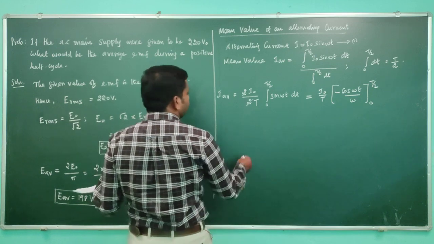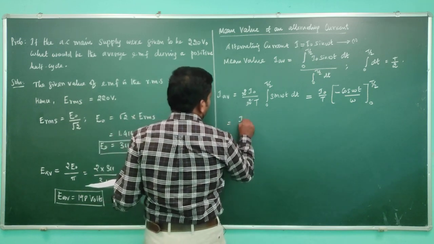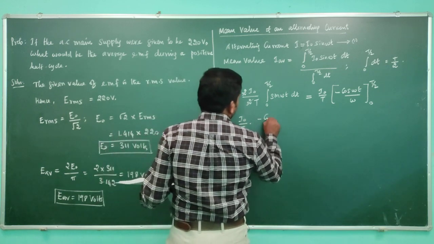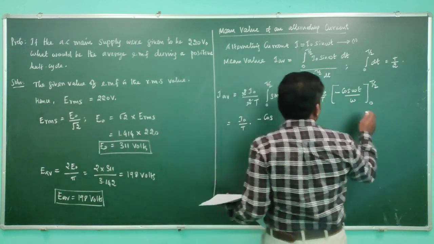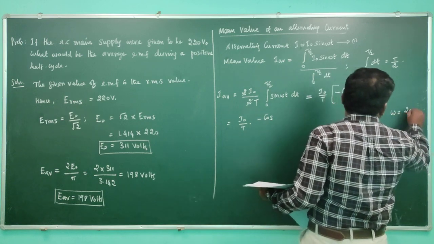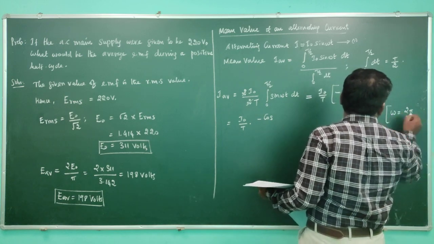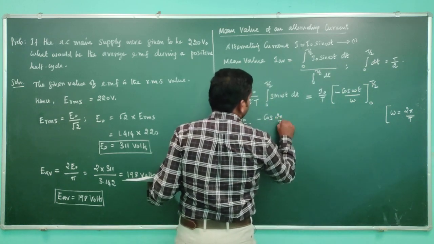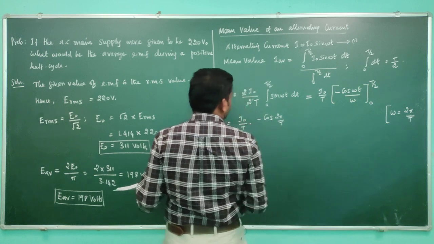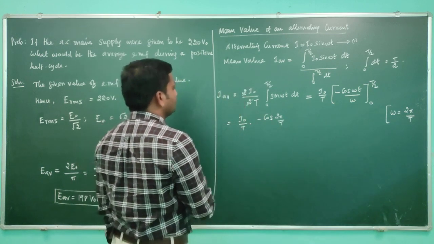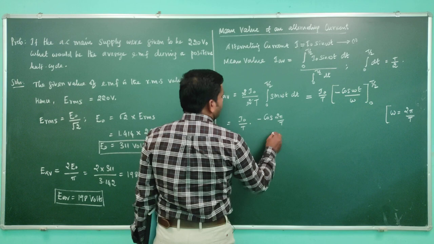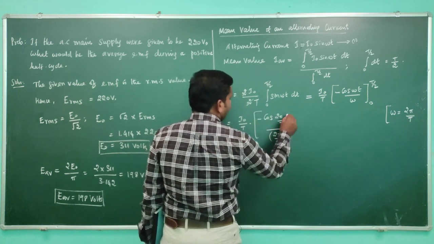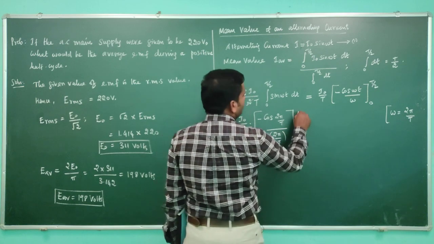Now this is equal to I naught by T multiplied by minus cos. Let us substitute 2 pi by T in the place of omega. So cos 2 pi by T divided by omega, that becomes divided by 2 pi by T, from 0 to T by 2.